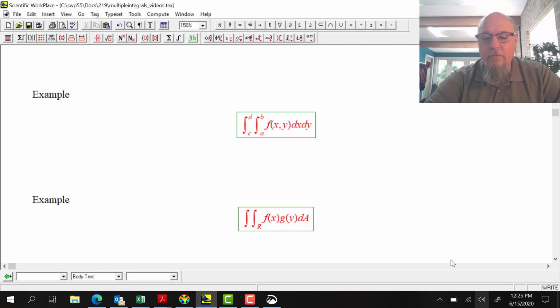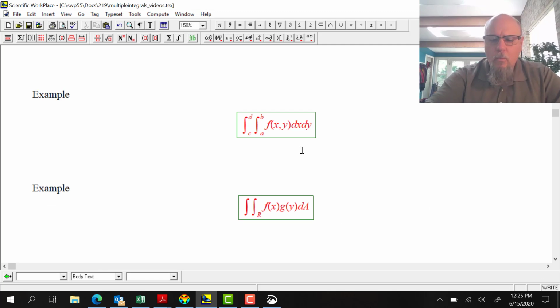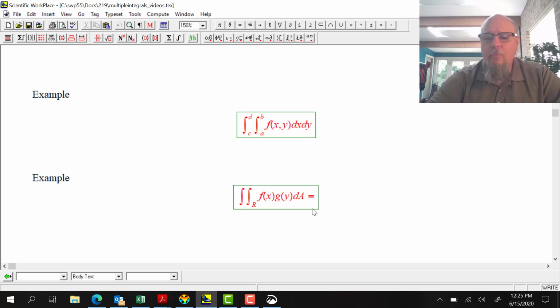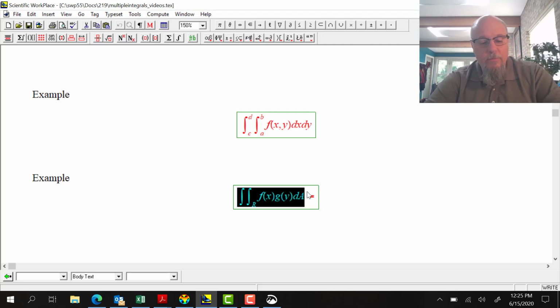All right, what's my point with this example? Well, here I'm integrating a product of two functions, and I've got written there a dA over some region.